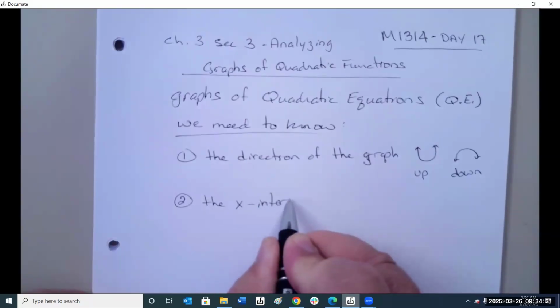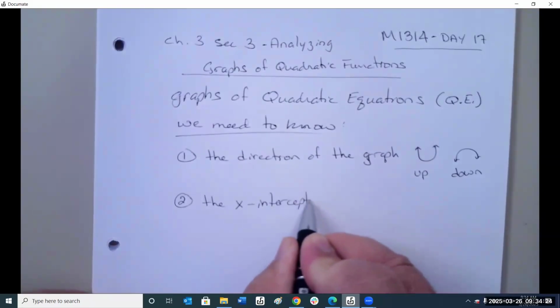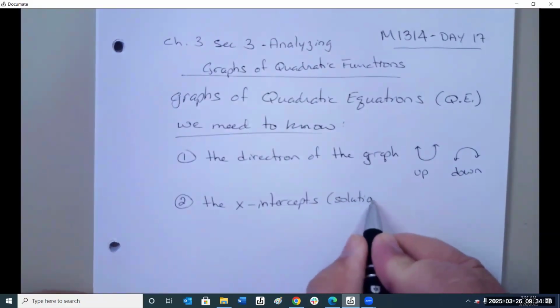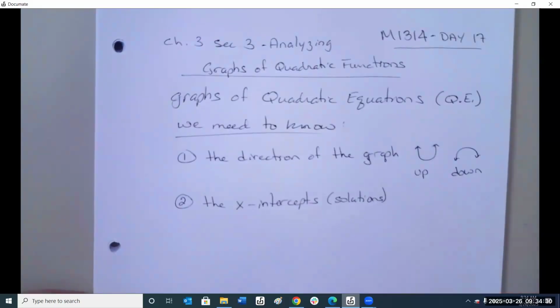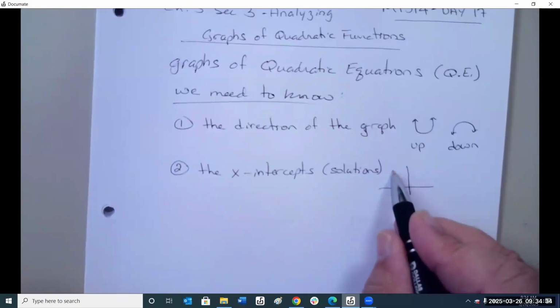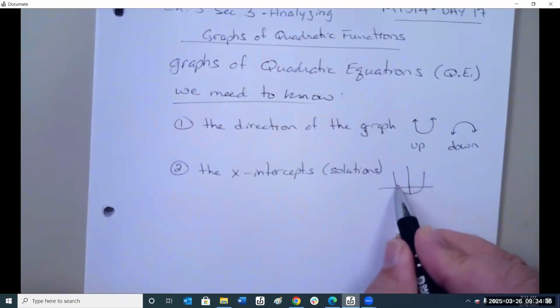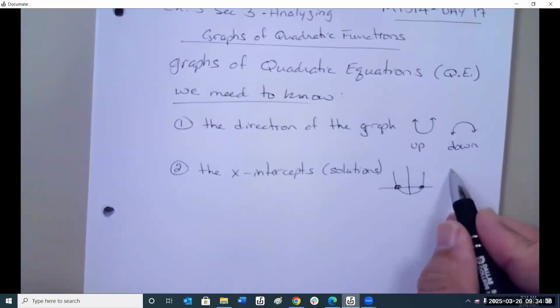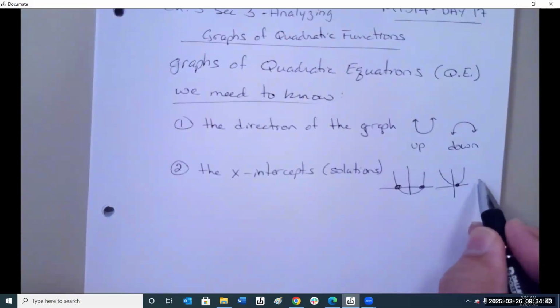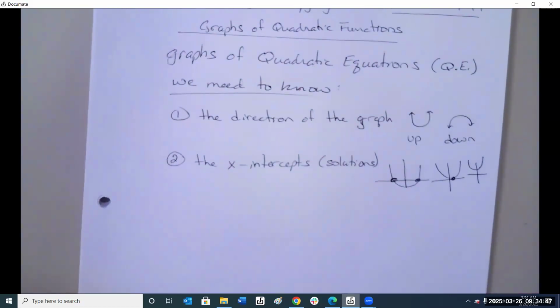Two, the x-intercepts or solutions. We can have two of them, we can have one of them, or we can have no intercepts.